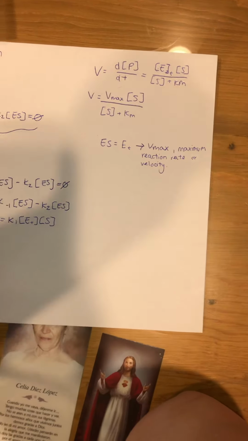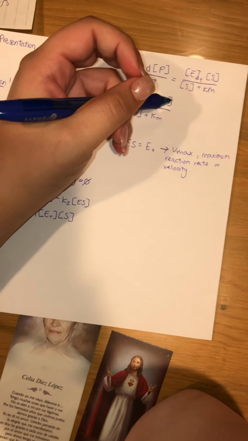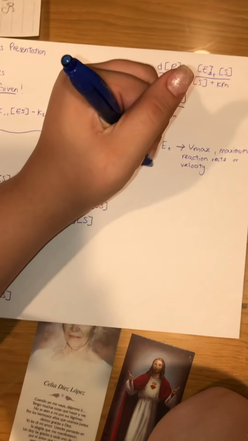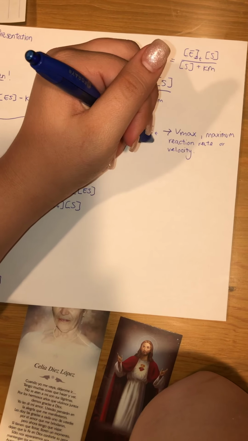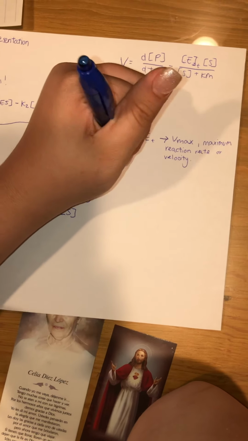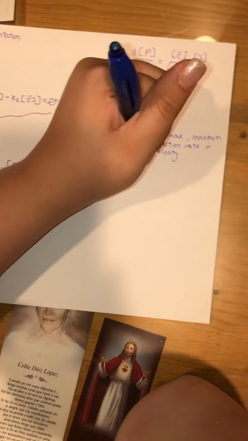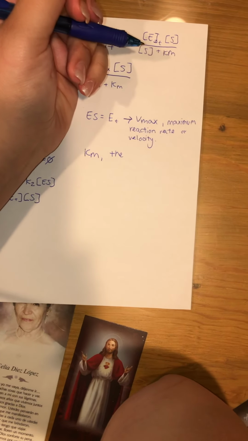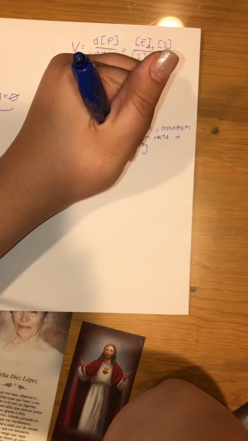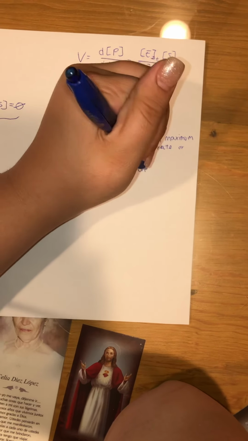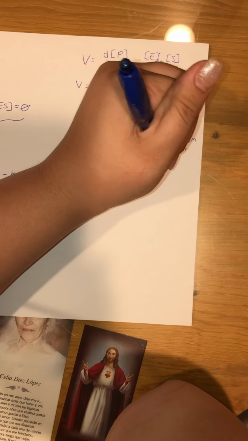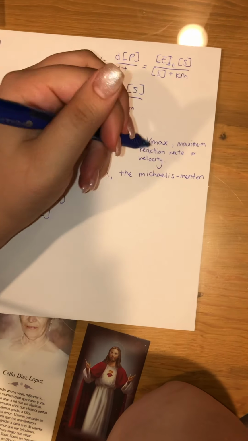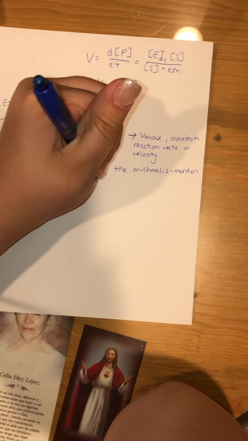So we were also asked to define what Km is. So Km is the Michaelis-Menten constant.